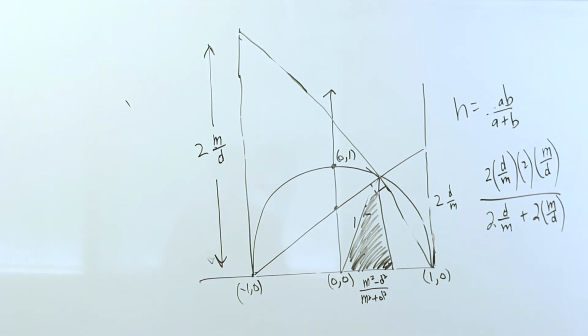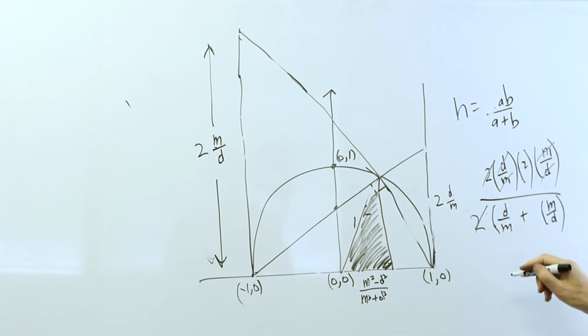Now I'm going to do a little canceling. I can cancel my m's, cancel my d's, and I can actually cancel one of these 2's with these 2 2's. So in other words, I can factor out a 2 here. And cancel.